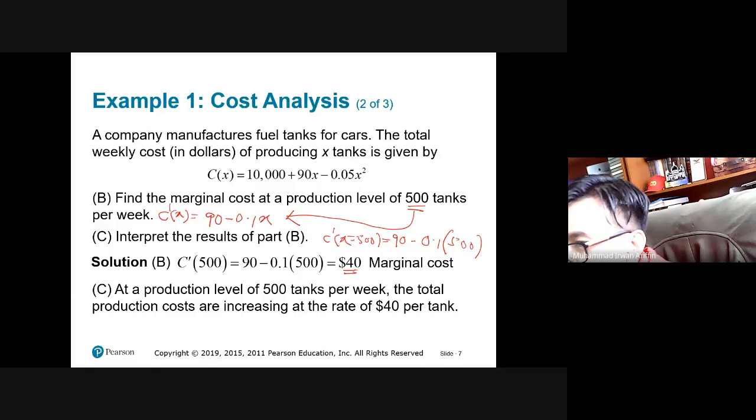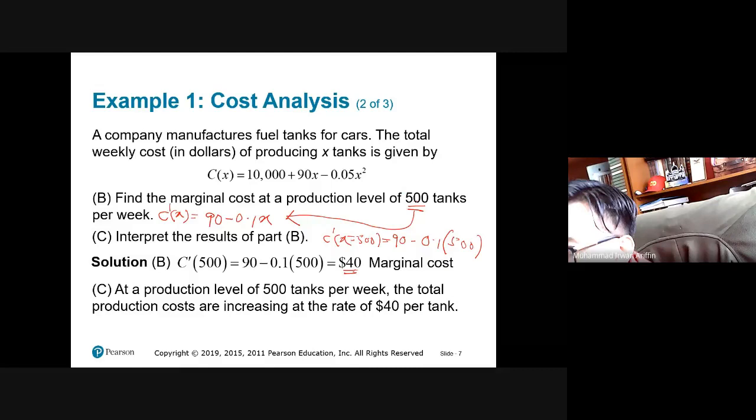Now, how do we interpret the result? What is the meaning of this $40 marginal cost? Basically, we are saying that when we already produce 500 tanks, if we want to add one more tank, each additional tank would increase our total cost by $40.